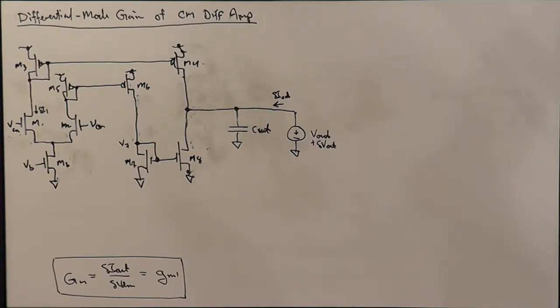How does that depend on V out? And then look for the ratio delta V out to delta I out.